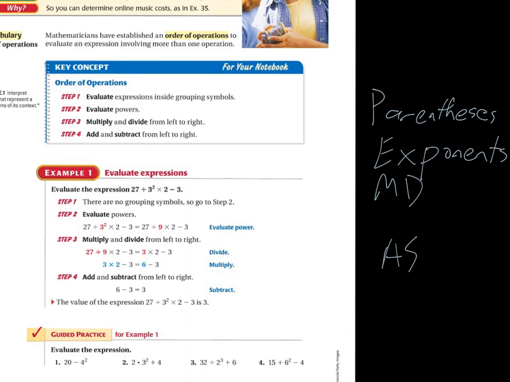That's the one thing that's a little bit confusing with this. So multiply and divide, which are the next two here. And then down here we have add and subtract, which also has the same priority. So you're going to do the parentheses first, the exponent second, then multiply, divide, and add, subtract.